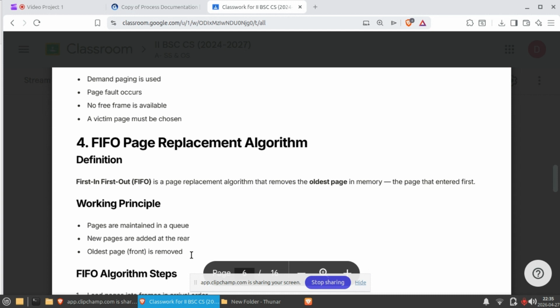New pages are added at the rear, and the oldest page at the front is removed. Front and rear concept, like FIFO. We already know the queue concept. Then another one is LRU, least recently used. A page not used for a long time is removed.